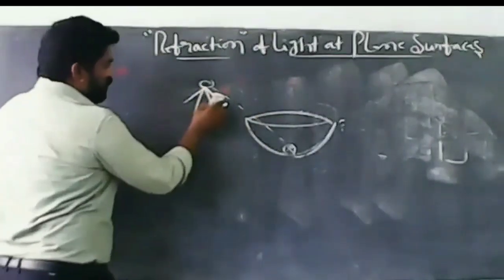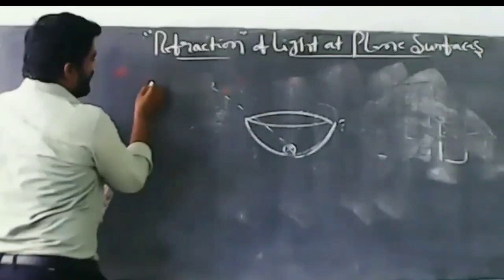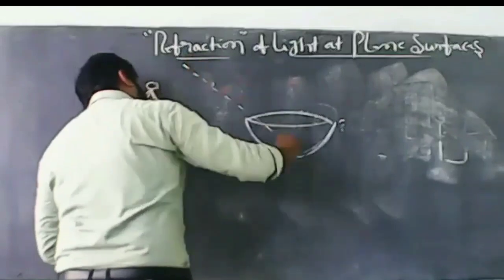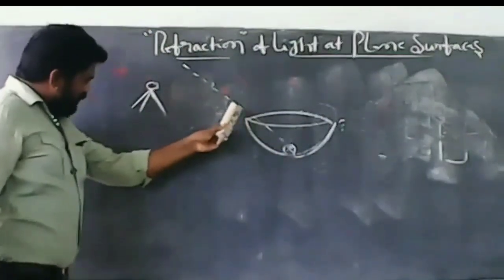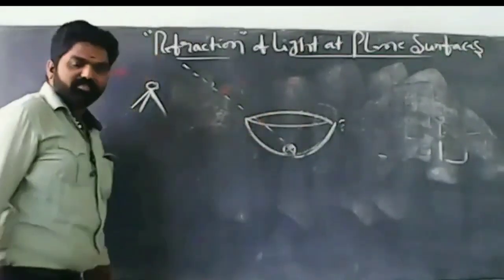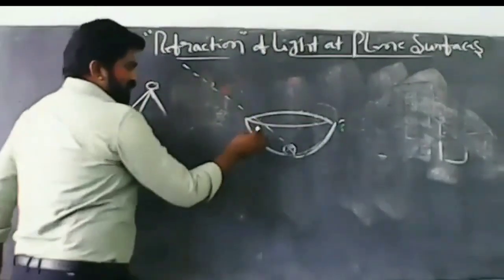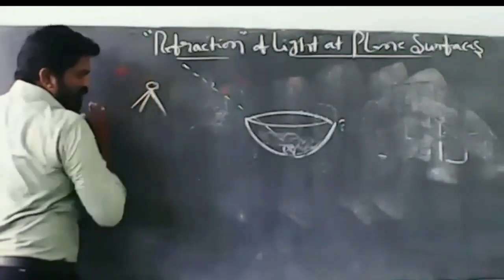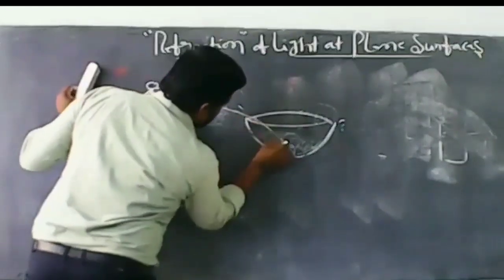After that, suppose you are very far from the vessel. It means the coin does not appear to you, because the light rays coming from the coin do not reach you directly. While we go very far from the vessel, the coin does not appear. Then ask someone to fill it with water while you stay at the same position. After that, the coin appears.